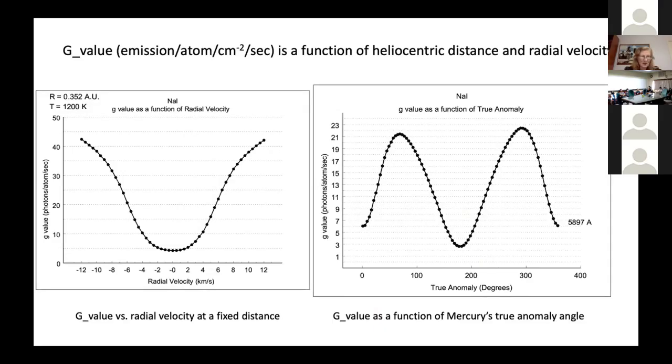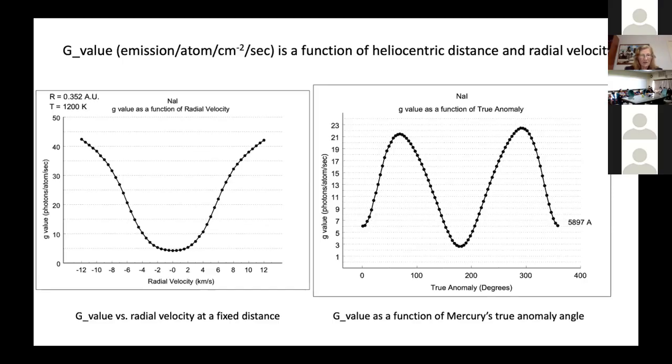So the other thing about emission lines is that the G value is a function of the distance of the atom or the body that it's on from the sun, but also the heliocentric radial velocity, which causes the Doppler shift. And so there's a huge variation in the G value as a function of radial velocity. At perihelion and aphelion, where your radial velocity is near 0, your G value can be down here about 5.